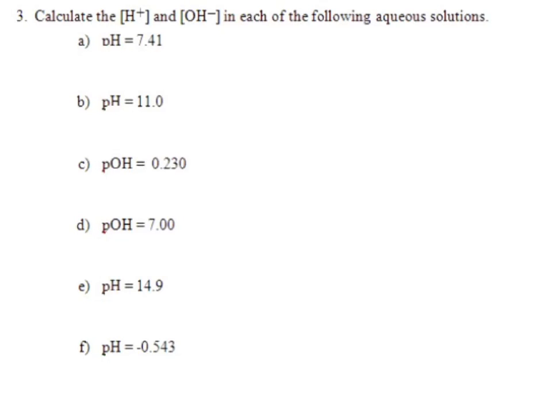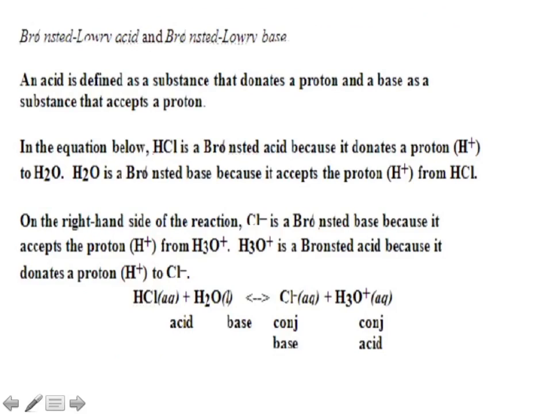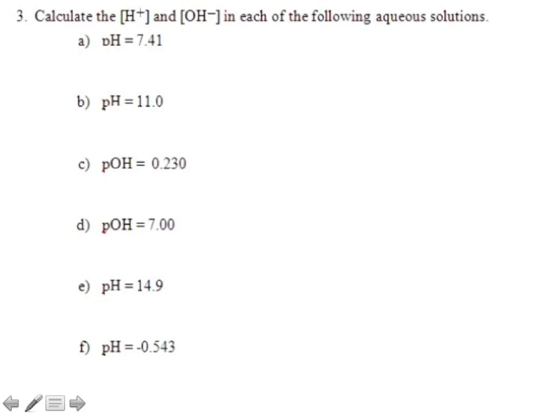Calculate the H plus. We're only going to do one of these, but calculate the H plus and OH minus in each of the following aqueous solutions. So this time we're going to use 10 to the power of our negative pH, or 10 to the power of our negative pOH.